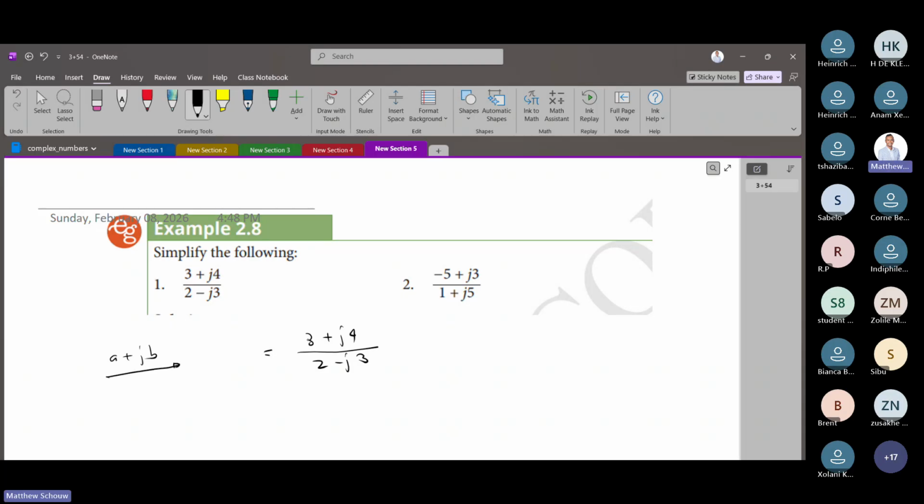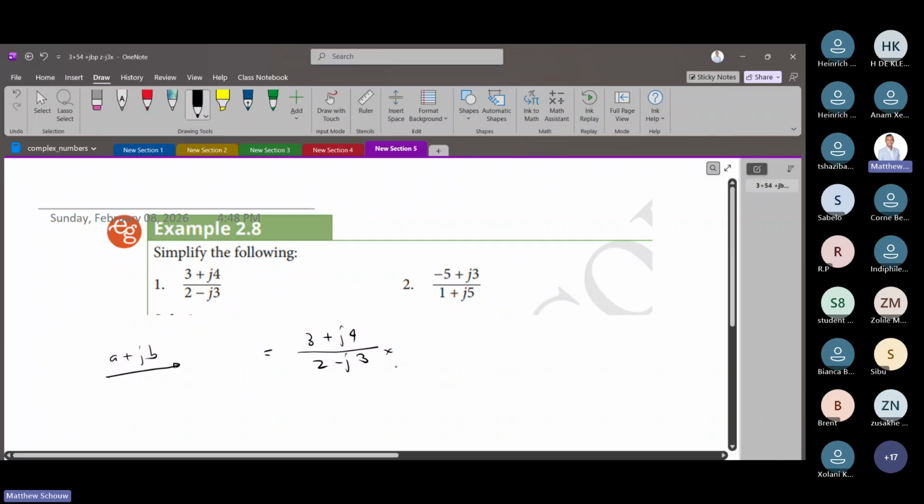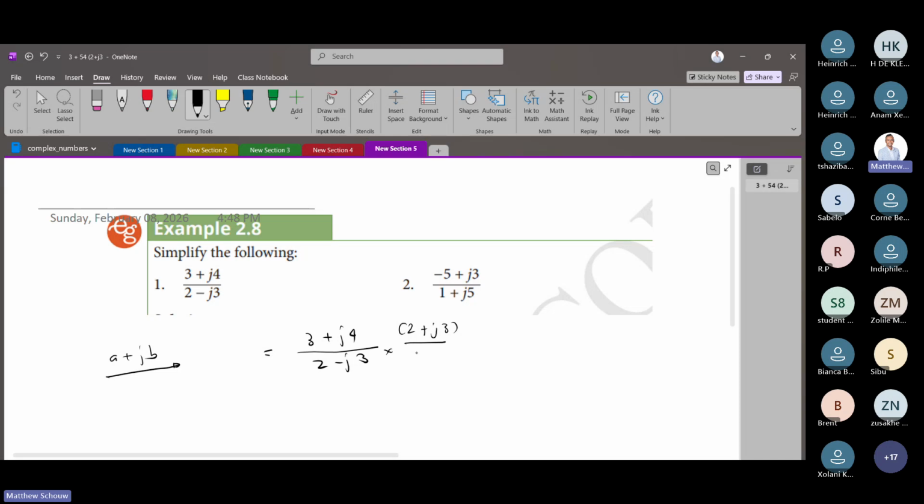So to get that right, we multiply by the denominator's conjugate on both the numerator and the denominator. In this case, it's going to be 2 plus j3 and 2 plus j3.